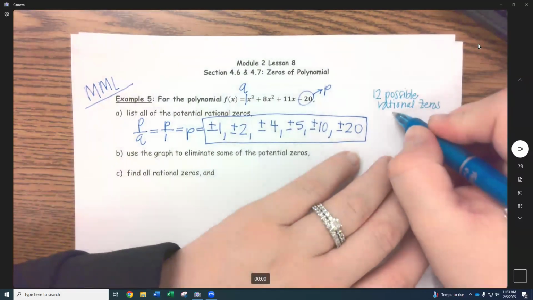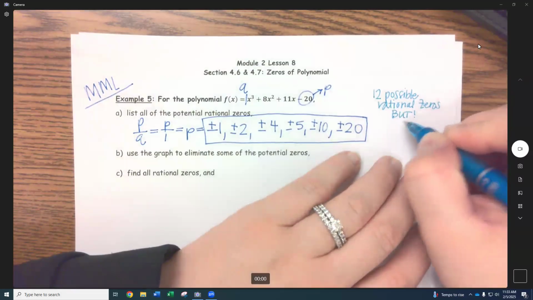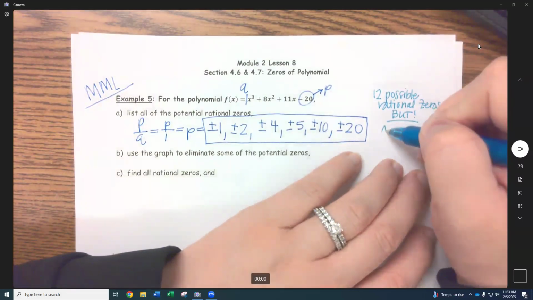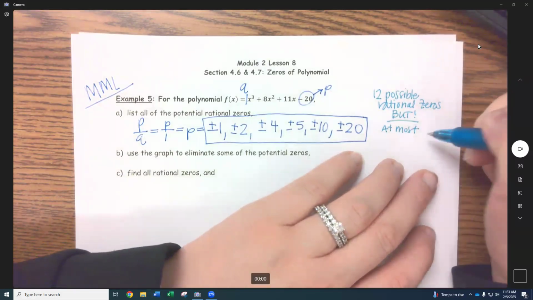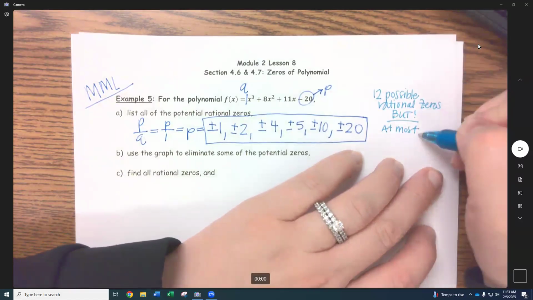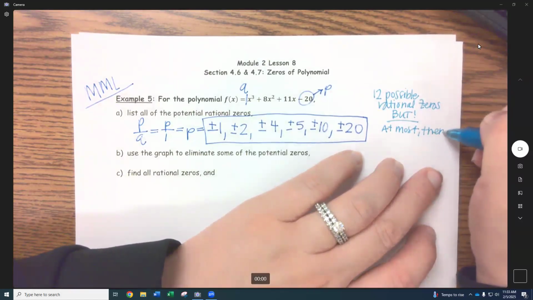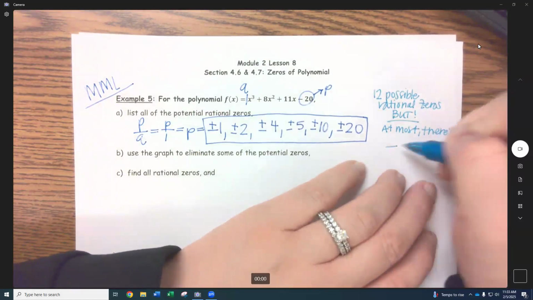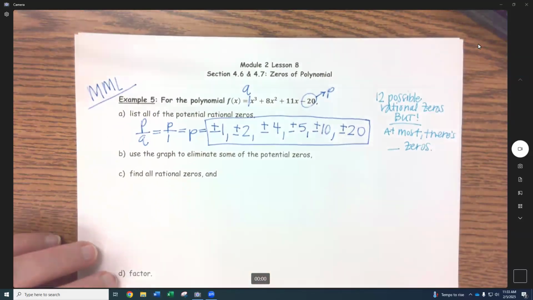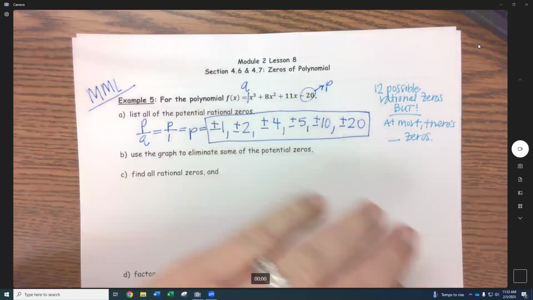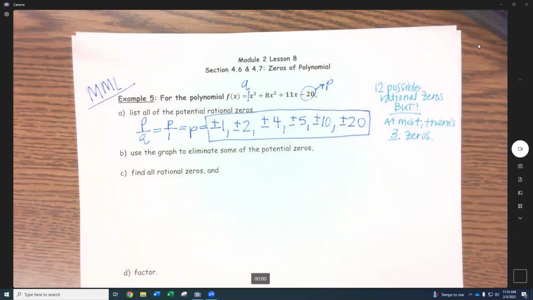But at most, how many zeros are there? Well, here, because this one's an x cubed, there's at most 3 zeros. But I have 20 possible rational zeros.